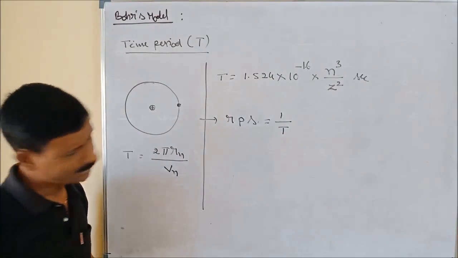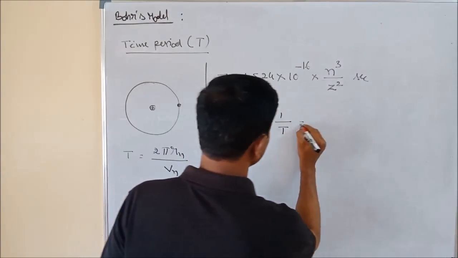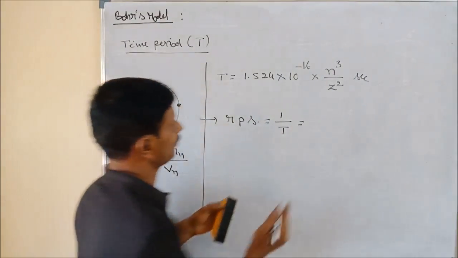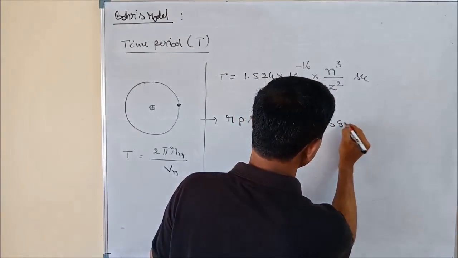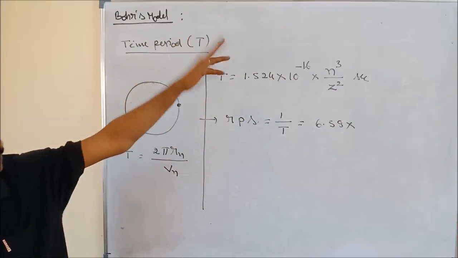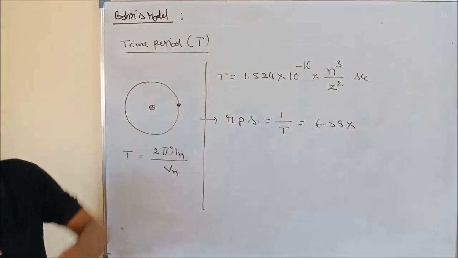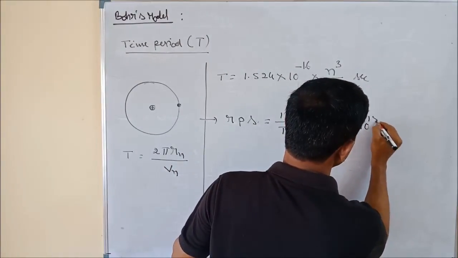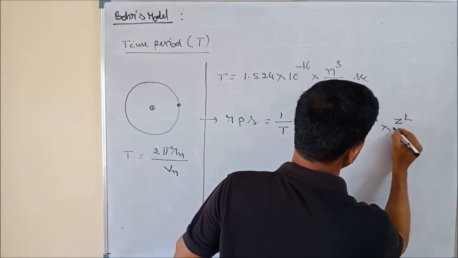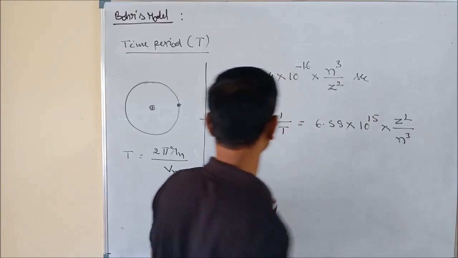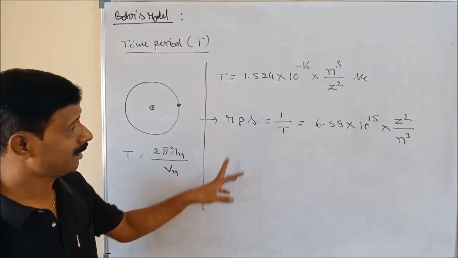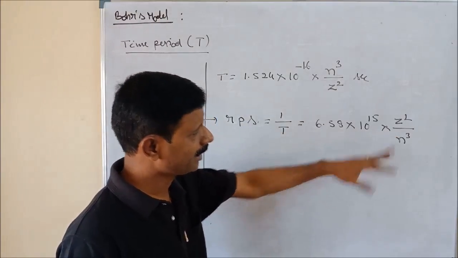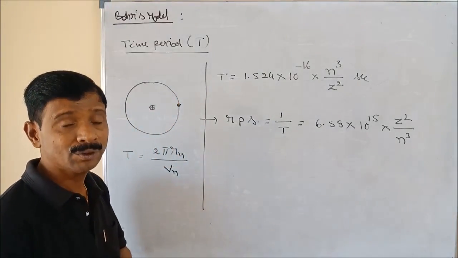Now if you simplify this, already we know the time period, so it becomes 6.58 into 10 power 15 into z square by n cube. So in 1 second, the electron is going to make 6.58 into 10 power 15 into z square by n cube rotations.